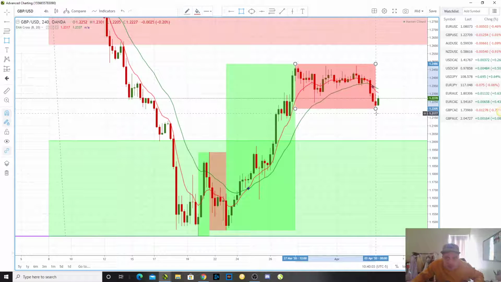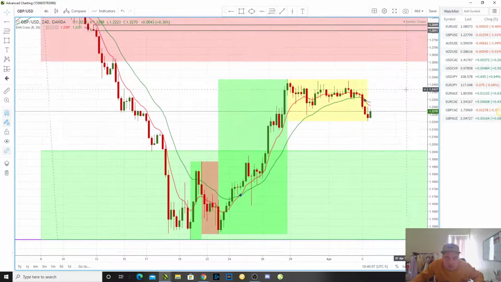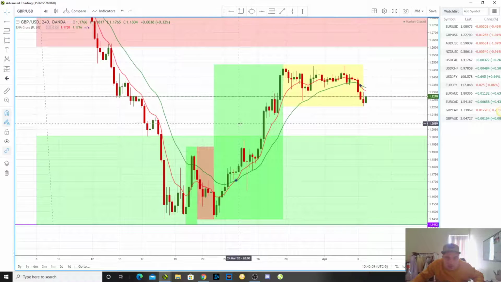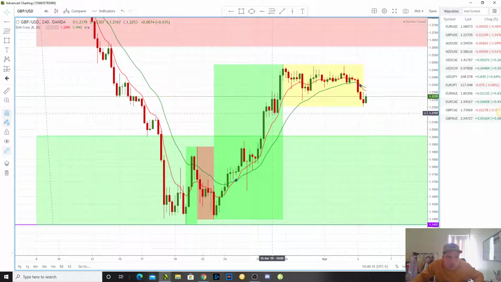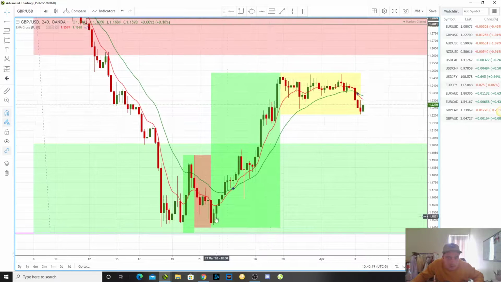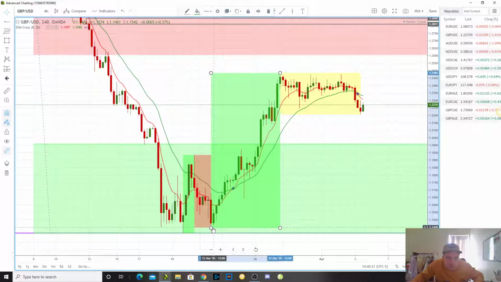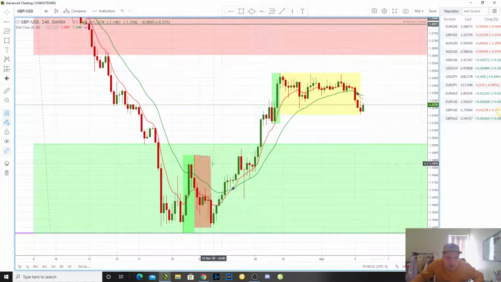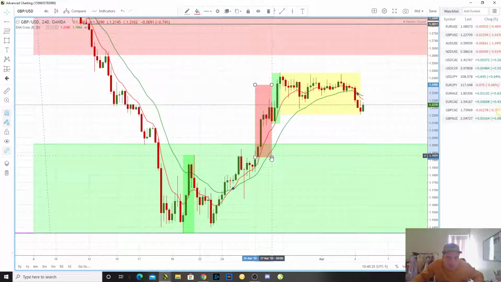This is all in yellow. Right here, I bet 162. It's lower. Okay. That's your moving control. Just barely, but it's there.